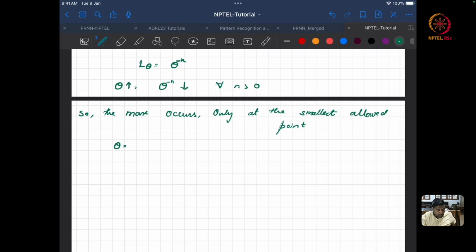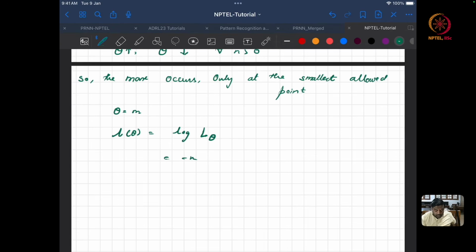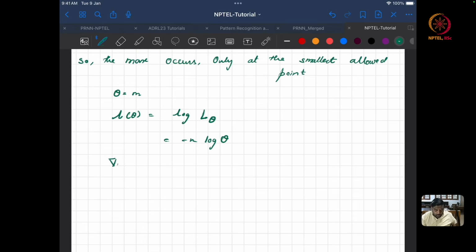Okay, now theta is equal to m, and then log L(theta) is minus n log theta. Now you take the partial derivative of this with respect to theta, which is minus n over theta, which is less than 0 for all theta greater than 0.